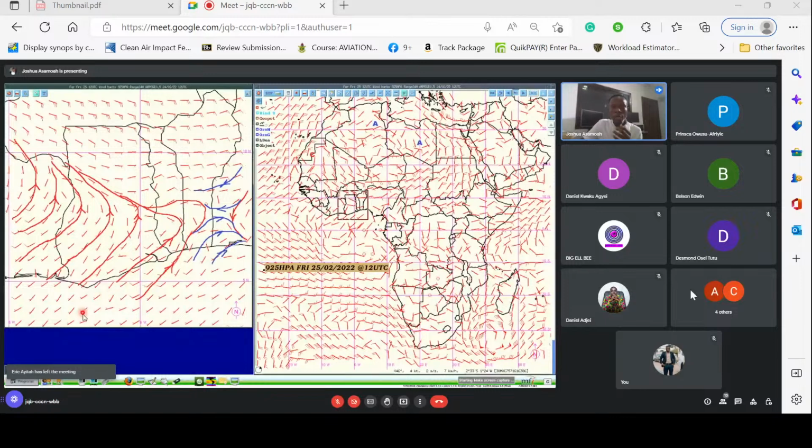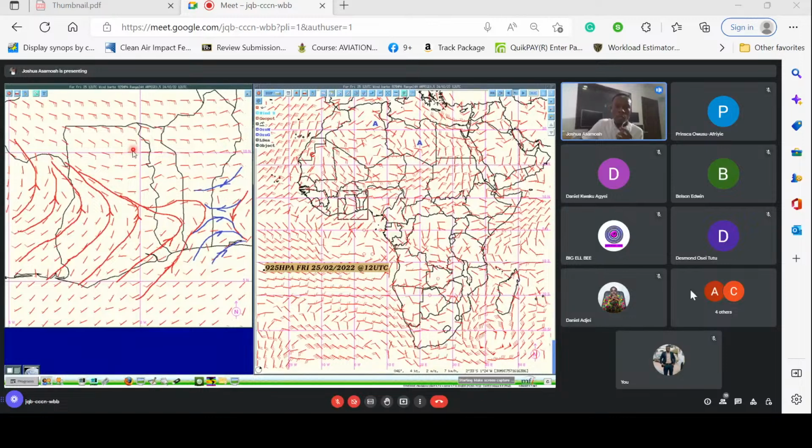And then when they get into the mid portions, they turn in an anti-clockwise manner. So what it means is that we are getting a trough line or trough axis just around these areas. So cyclonic flow for these areas. These areas will therefore be favorable for some cloud formation and then eventual precipitation.